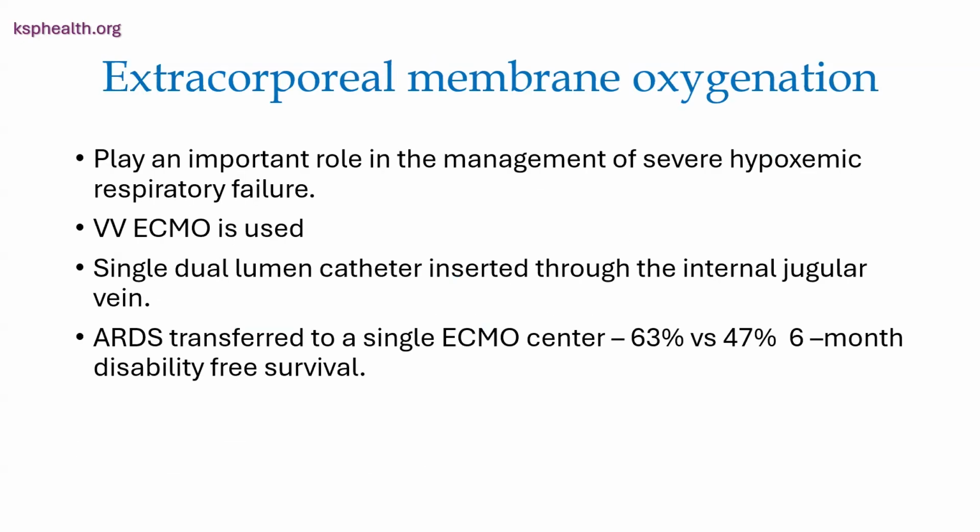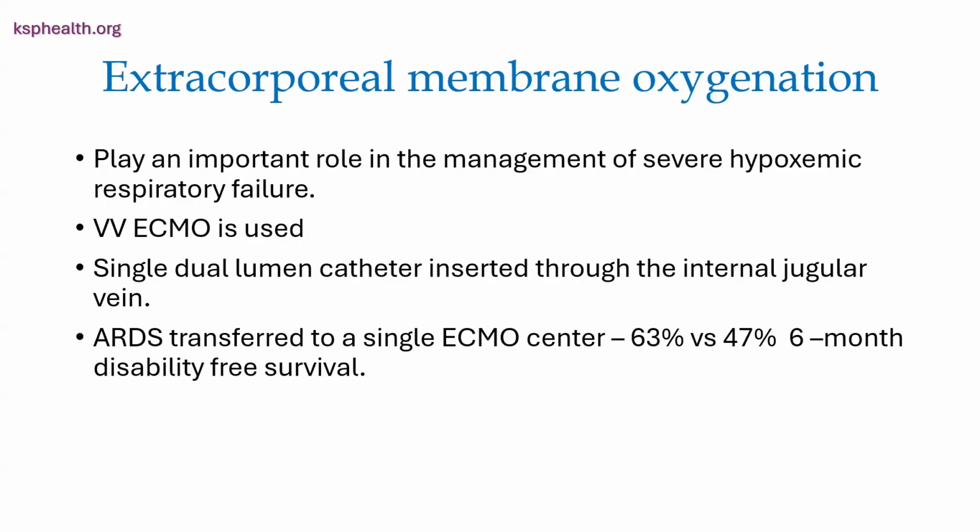Finally, extracorporeal membrane oxygenation, otherwise called ECMO. It plays an important role in the management of severe hypoxemic respiratory failure. In severe hypoxemic respiratory failure, we use VV ECMO, that means a single dual lumen catheter inserted through the internal jugular vein.